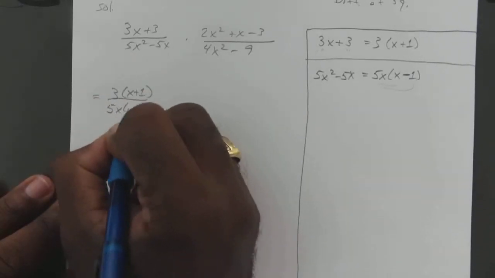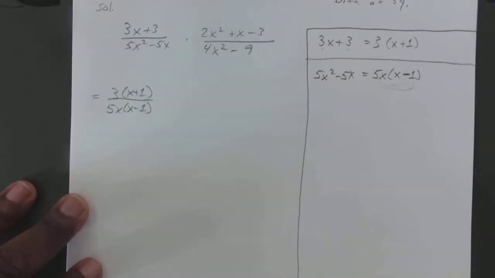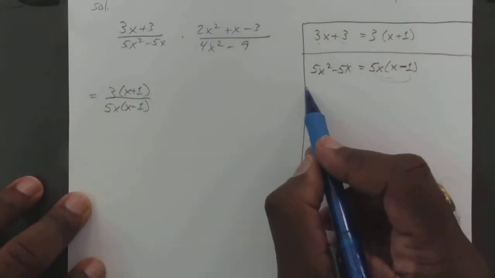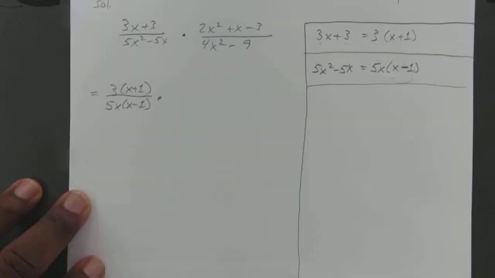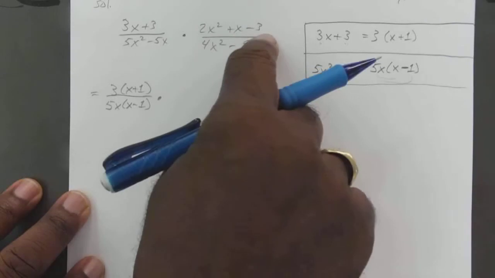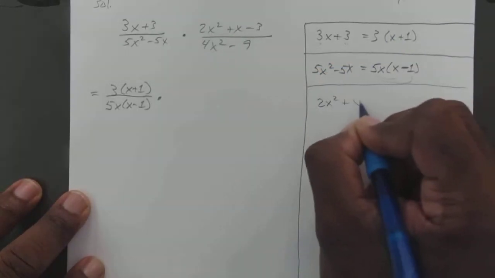So this denominator becomes 5x times x minus 1. Okay, so that's times 2x squared plus x minus 3.